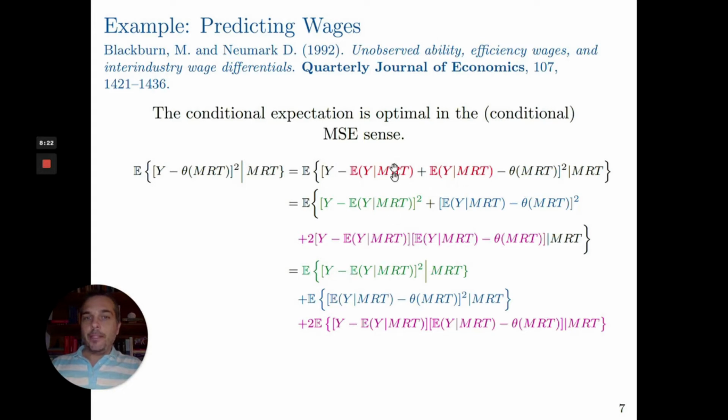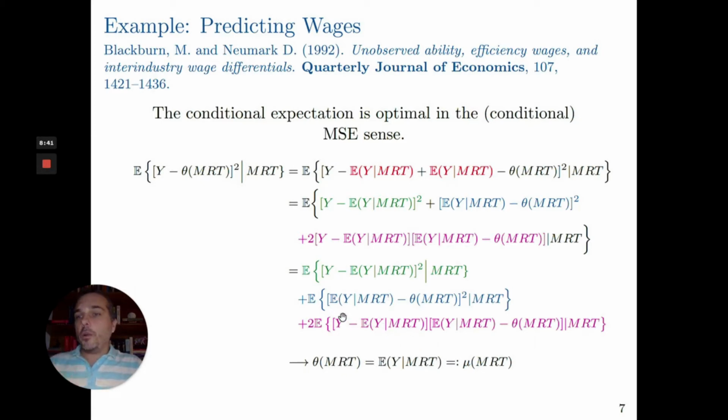So basically, plugging the conditional expectation here will make this first term achieve a minimum value. Okay? So what we have is that this function theta will be equal to the conditional expectation.